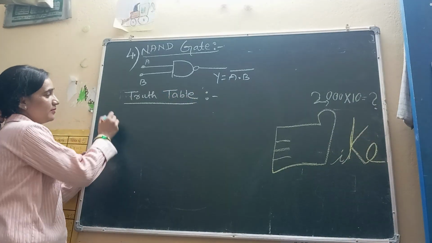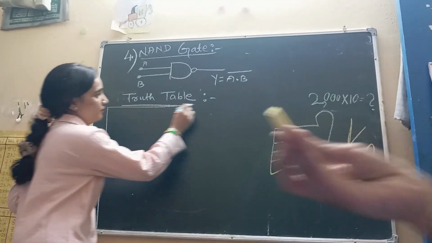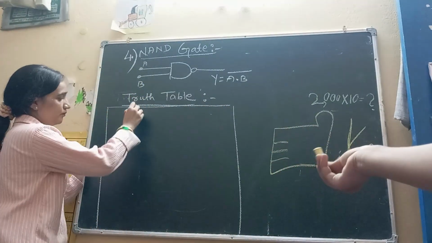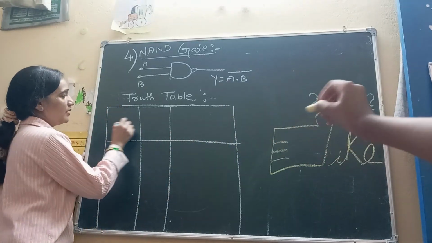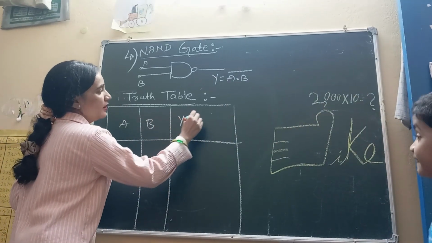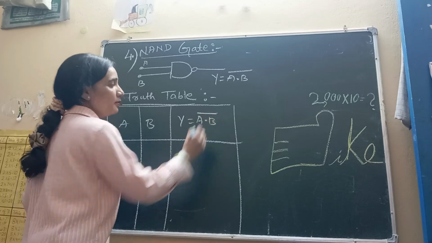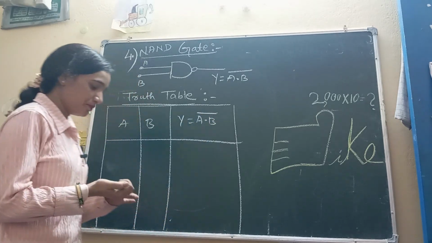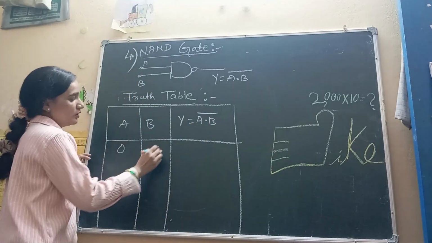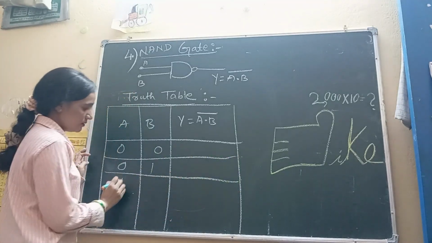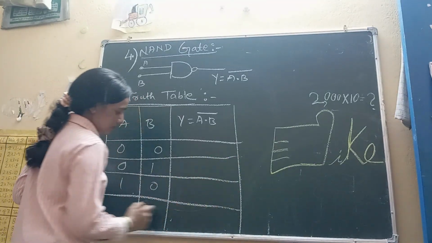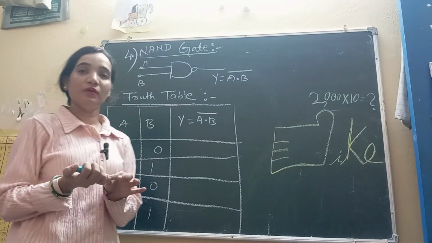The truth table we can give as A, B, Y, which is A dot B with a bar. Again there are the 4 combinations: 0 0, 0 1, 1 0, 1 1.